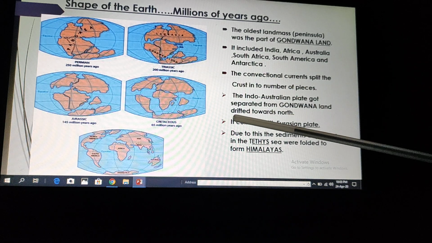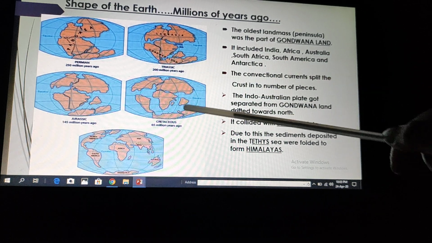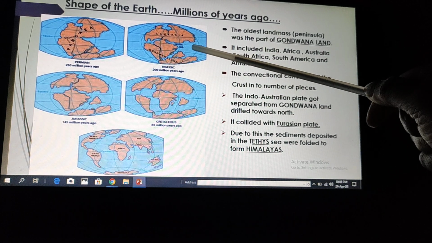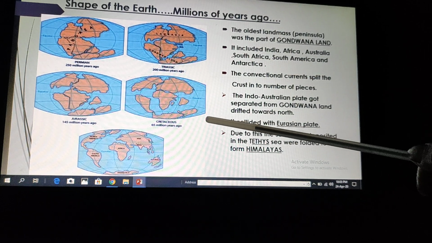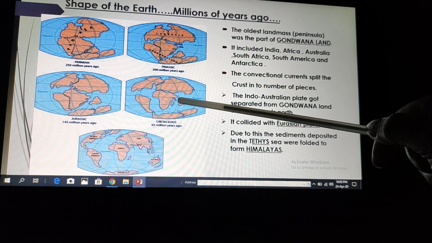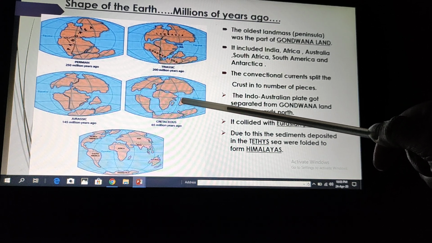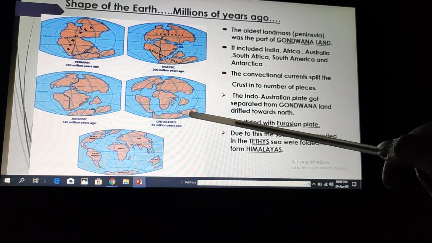Remember this. So when convectional current split all these plates into a number of pieces, what happened? India, which was part of Gondwana land, got separated from Australia. It was earlier joined with Australia.